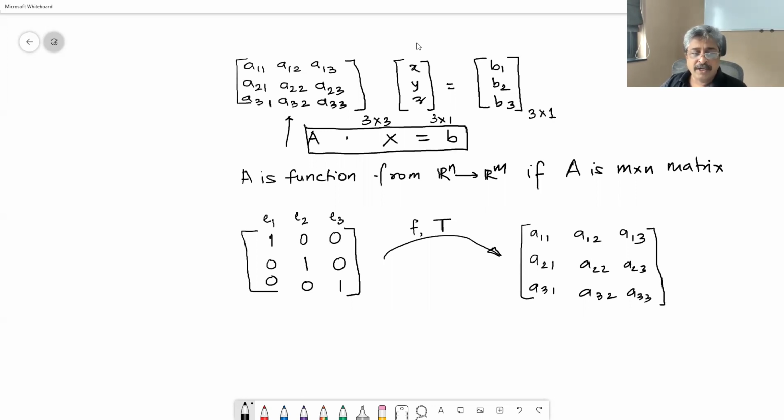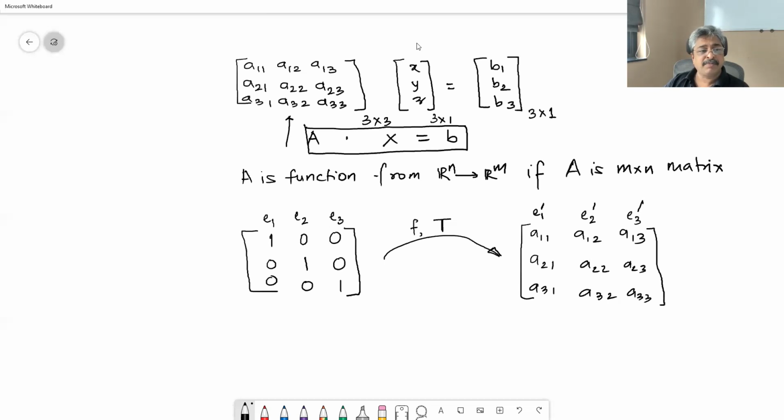E1 column vector, which is i for us, the base vector, becomes E1 dash after transformation. E2 becomes E2 dash after transformation, and E3 becomes E3 dash after transformation. So that is the definition, the rule by which the transformation takes place. That is what this matrix is all about.